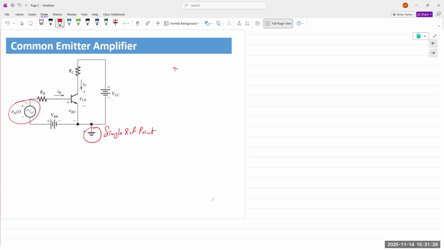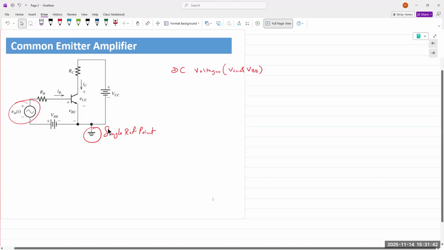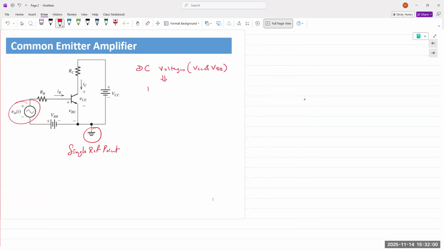The DC voltages, VCC and VBB, are known as biasing voltages, and they are going to fix the operating point in the middle of the active region.